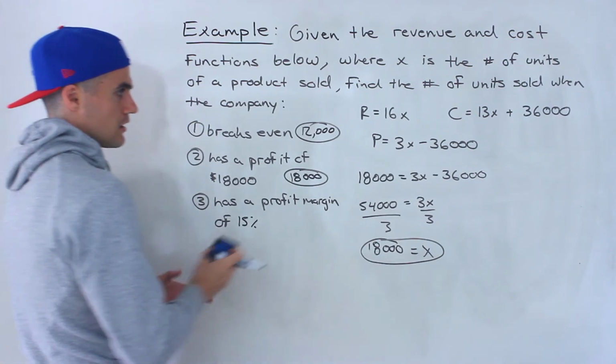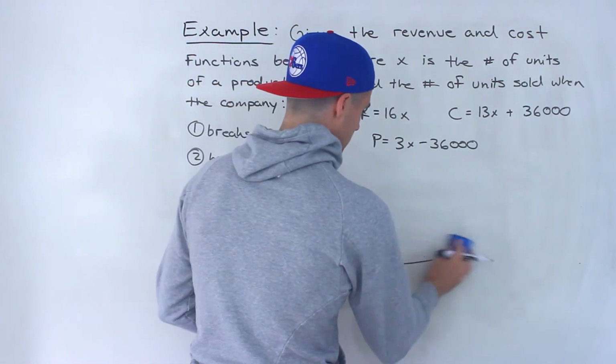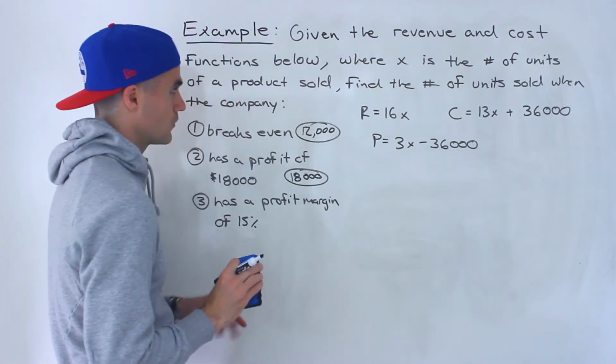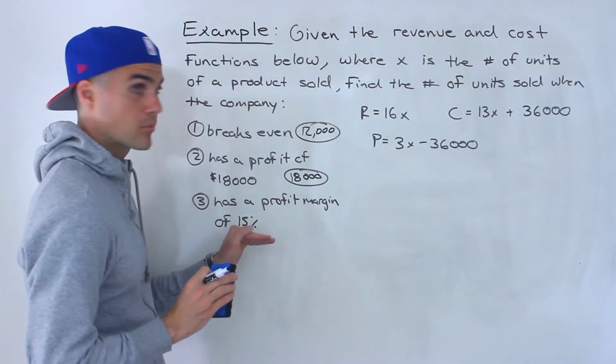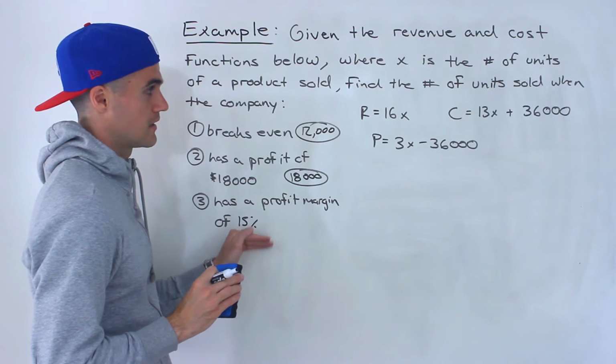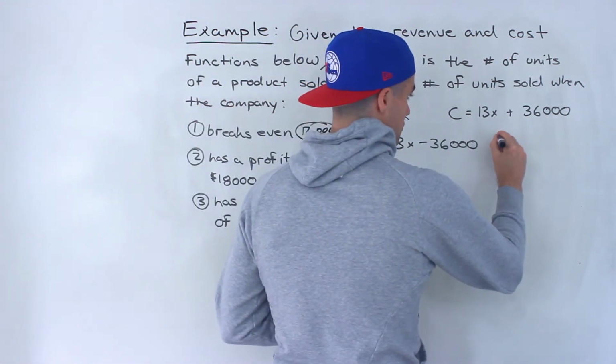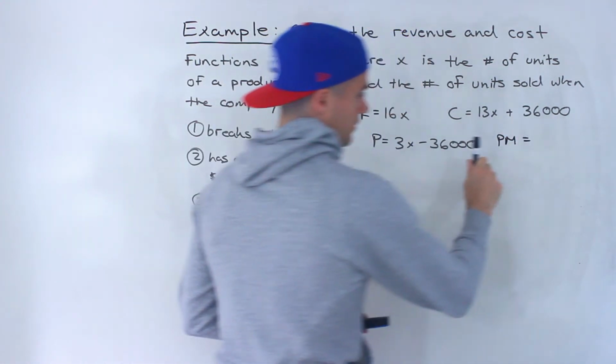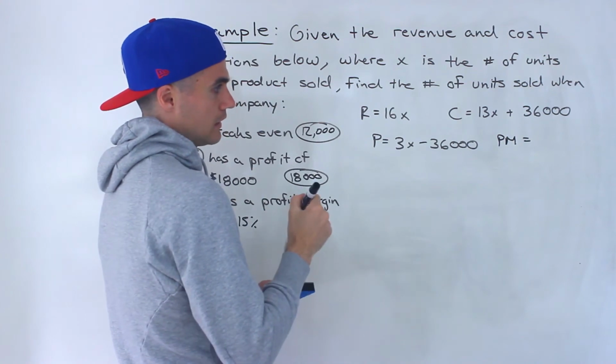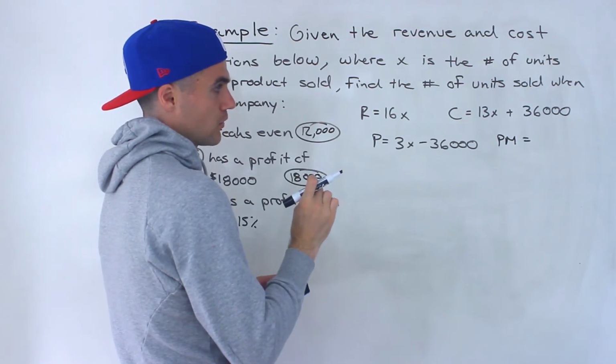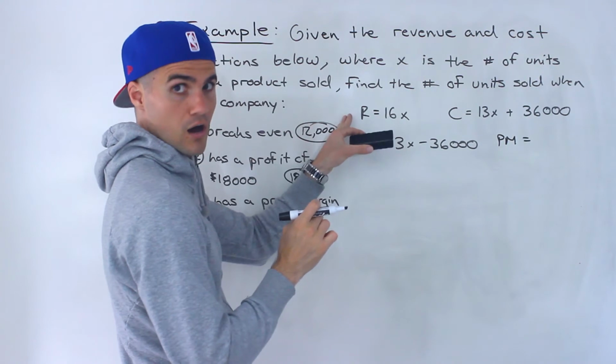Now, number 3, I feel like number 3 is the trickiest one. They're asking, what's the number of units sold when the company has a profit margin of 15%? Now, profit margin, what is that? Well, it's the ratio or the percentage of profit of revenue.